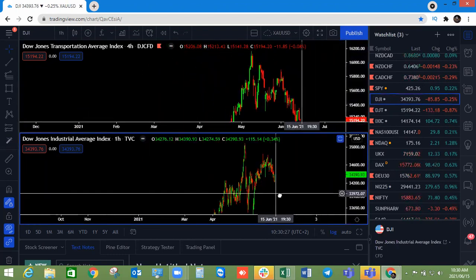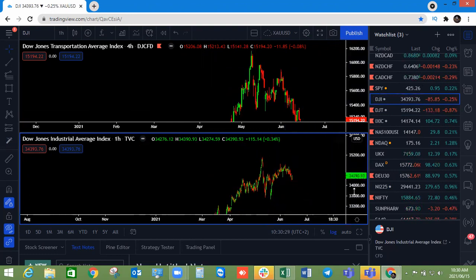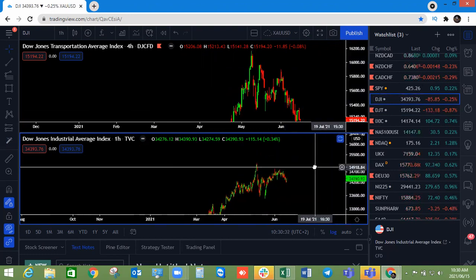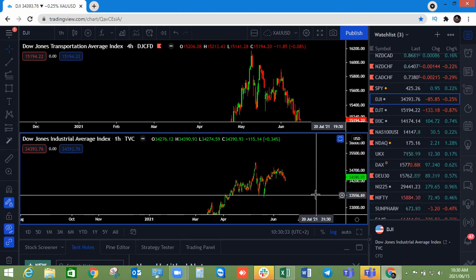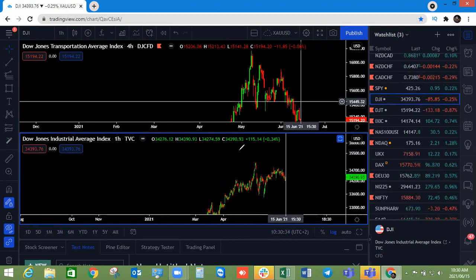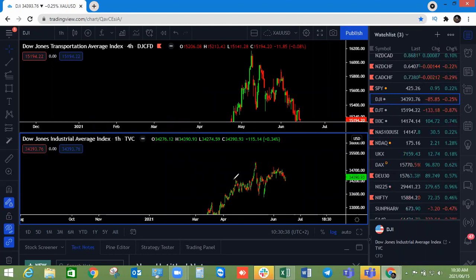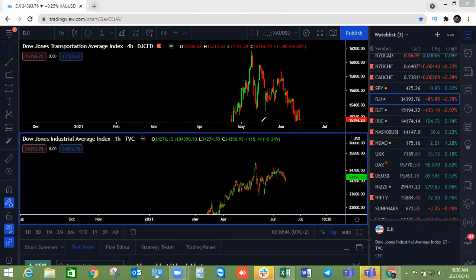I want to see if there's divergence on the relative strength between the two. There is no relative strength. They're all doing the same thing. So usually when one makes a new high and one makes a low, then that means that we're going to get a reversal.